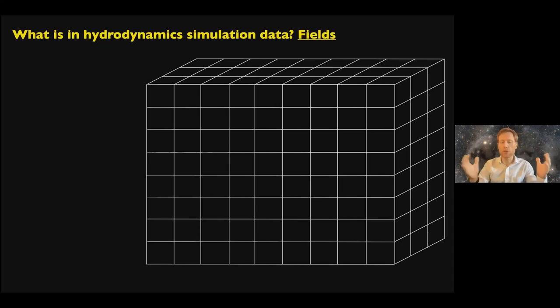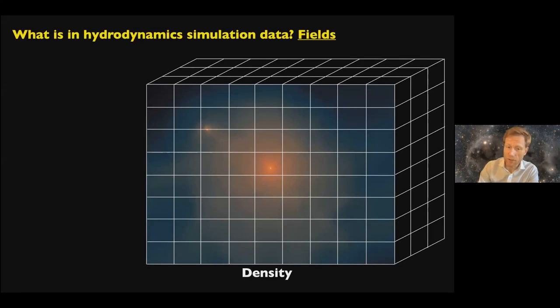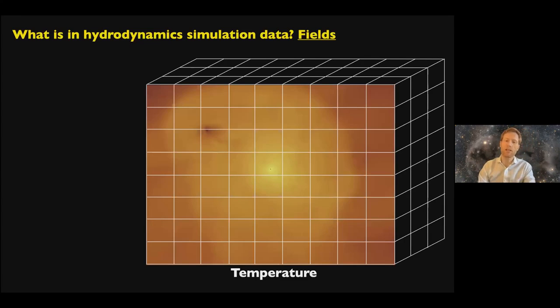It's essentially a volumetric data set where you have a number of different resolution elements, and each resolution element describes the behavior of a fluid element, some sort of gas component. And for each fluid element, there should be a variety of different fields. Sometimes it's something like density, as we can see here, or temperature, or metallicity, or the velocity of gas in the x direction, and so on and so forth.